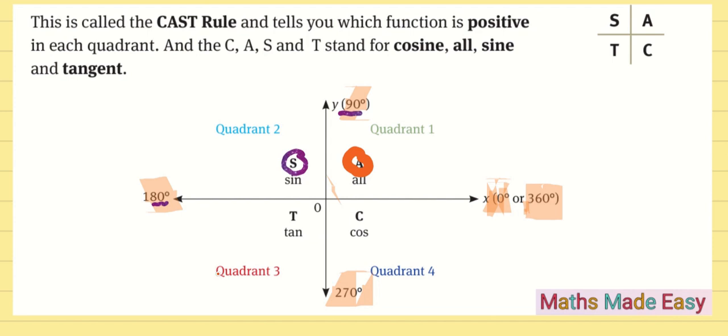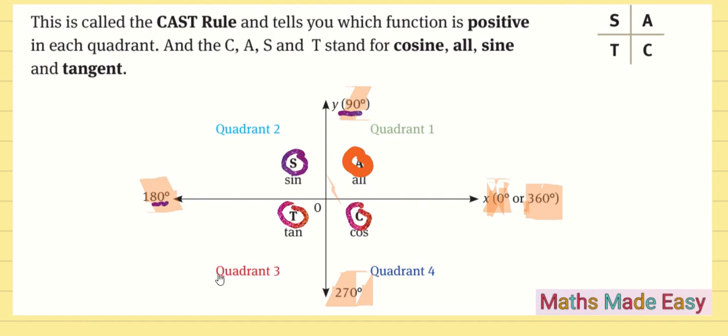And then in quadrant number 3, which is from 180 to 270, only tangent is positive in this quadrant, right? So tan of 181 up to tan of 269 will be positive, but sine and cos won't be positive for those angles, okay? And then in quadrant 4, cos will be positive, only cos, okay?